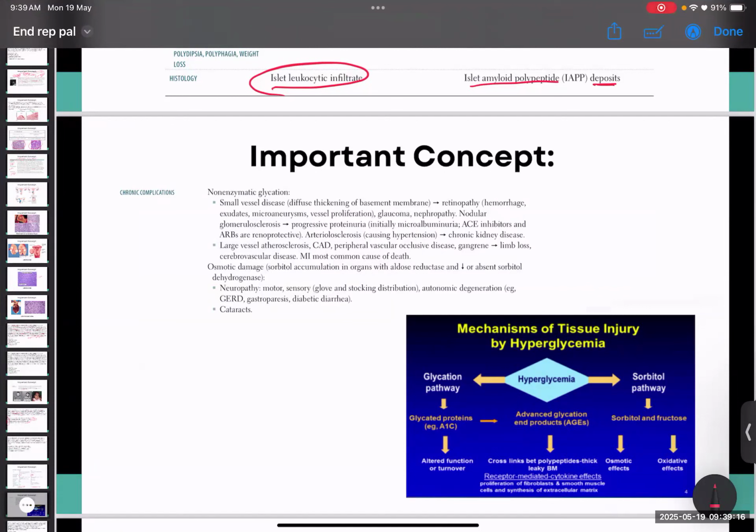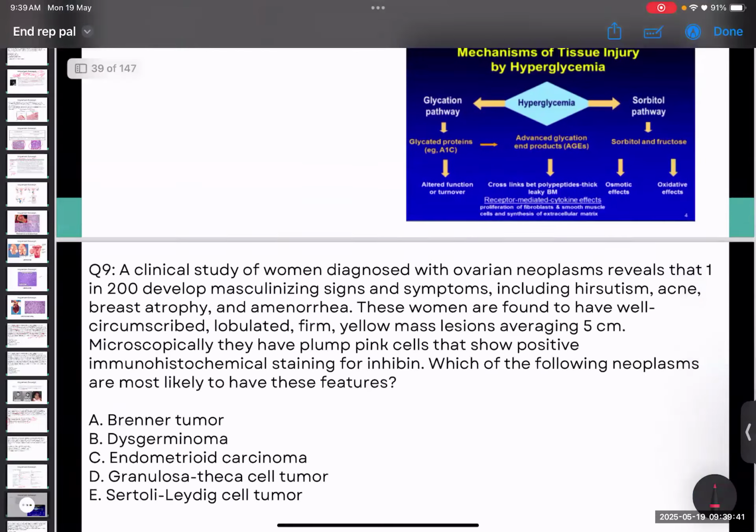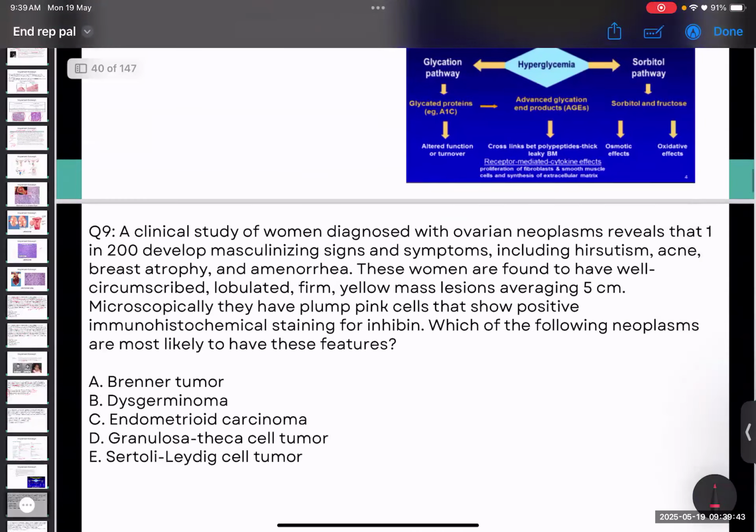Small vessel disease could be hypertension, retinopathy, glomerular sclerosis, whereas large vessel disease could be anything to do with the coronary arteries, so MI, peripheral vascular disease, cerebrovascular disease, etc. With osmotic damage, like I mentioned, you're going to see it in neurons. So you're going to see diabetic neuropathy, gastroparesis, things of that sort, and cataracts.